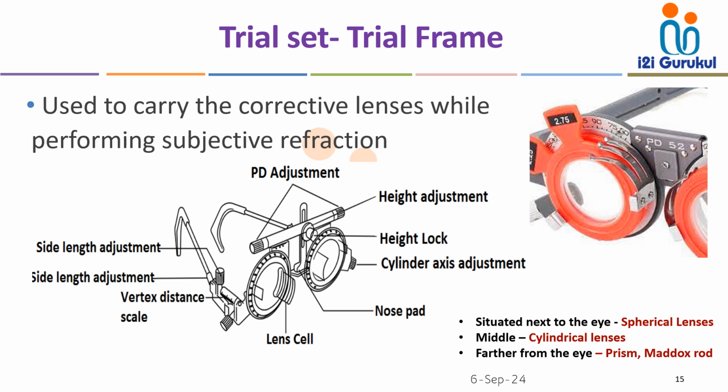So you can see in the image the lens situated on the eye, spherical lenses; in the middle we have a second compartment, that is the cylindrical lenses. Further from the eye, that is where you can place the prism or a Maddox rod.